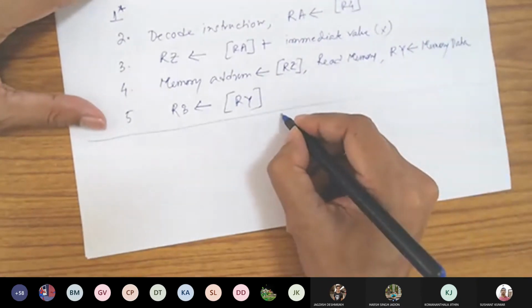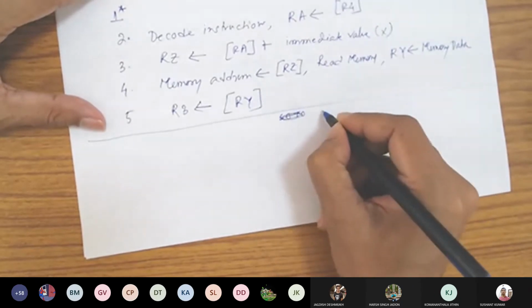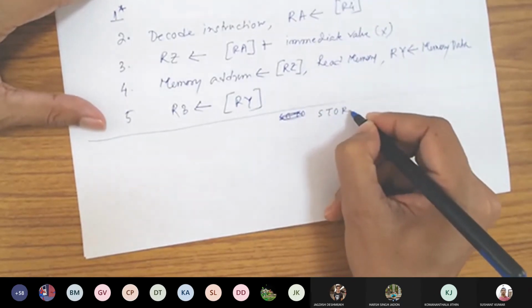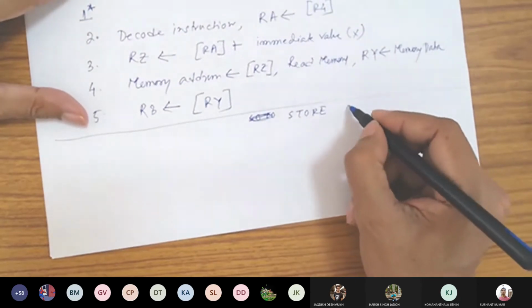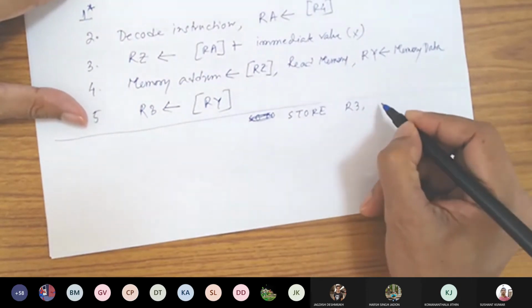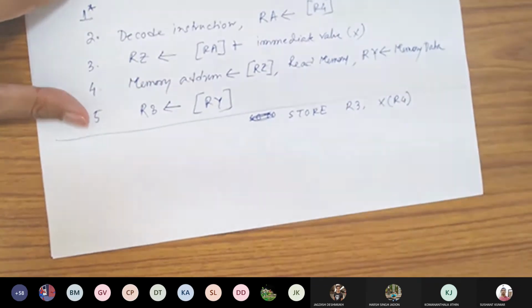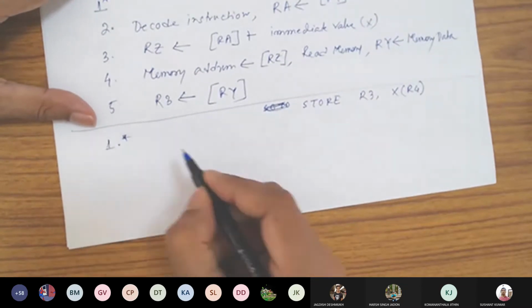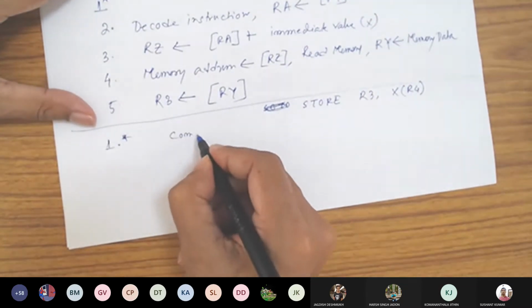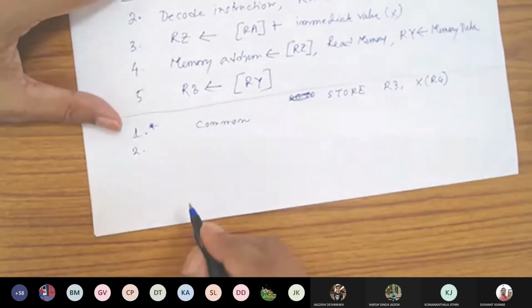What about this? If I make it like this, store, sorry. Say if I give it Store R3, comma, X R4, the same. I just change this. This is common. What will be the second stage?